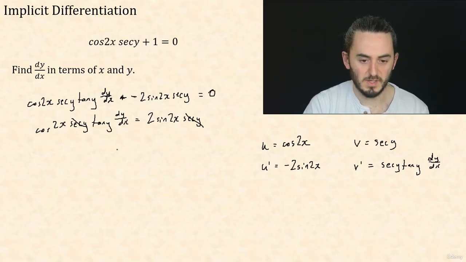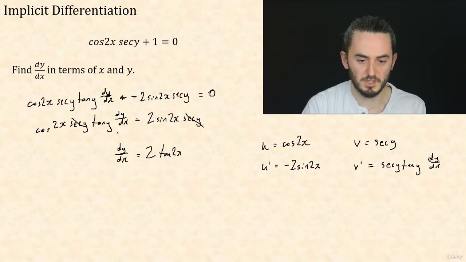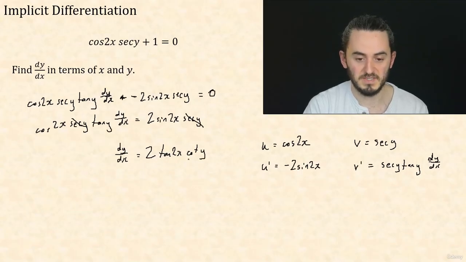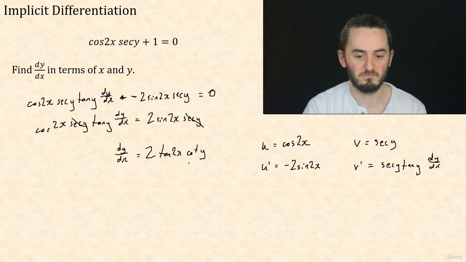Now what am I going to do? Well, I'm going to divide by all the stuff I don't want on this side. So I've still got the 2 there. Sine 2x divided by cos 2x is tan 2x. And then I'm also dividing both sides by tan y, and the reciprocal of tan y is cot y. So there's dy by dx, 2 tan 2x cot y.